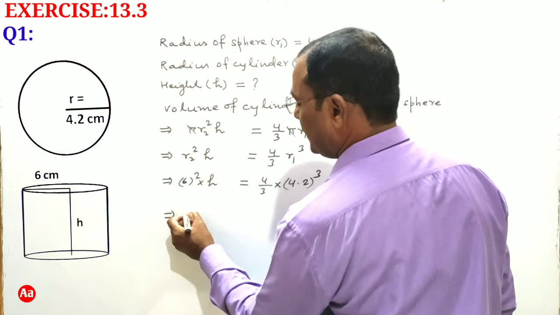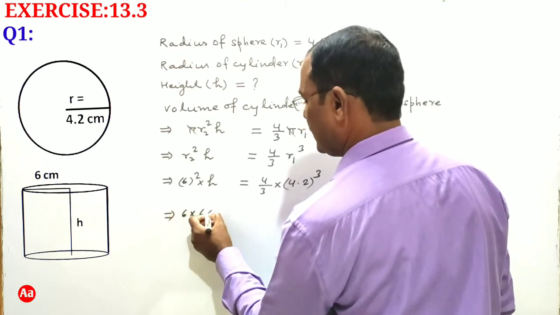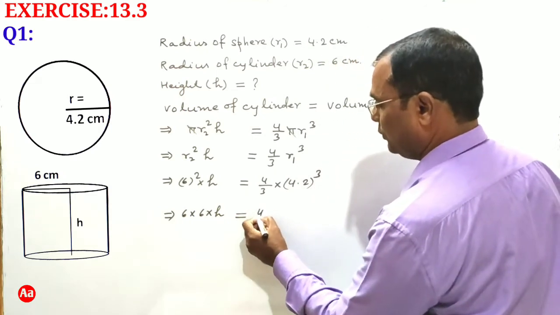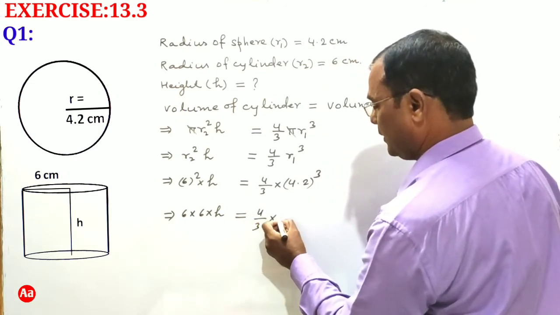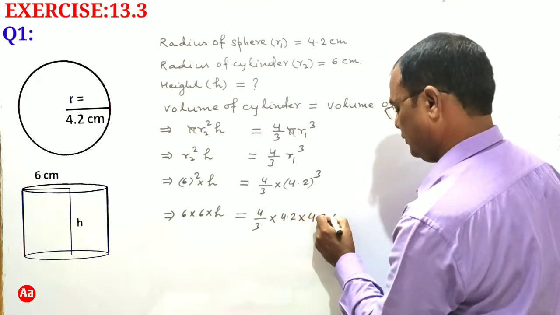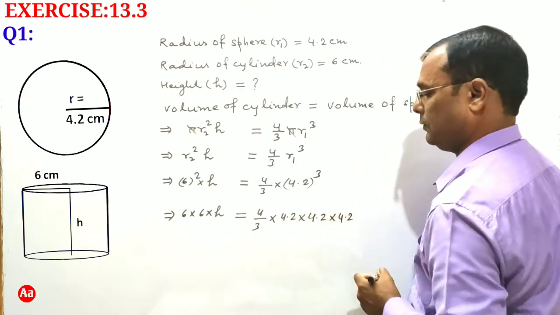Further we can simplify: 6 into 6 into H is equal to 4 by 3 into 4.2 into 4.2 into 4.2.